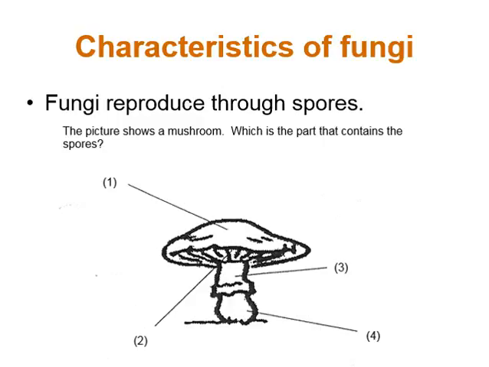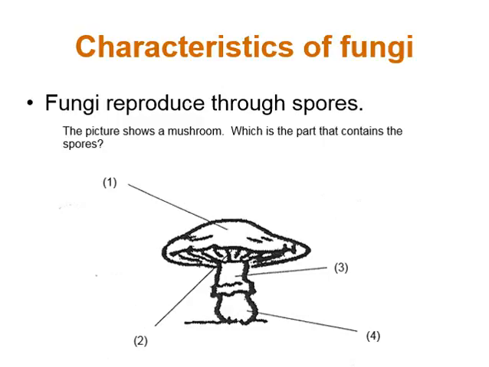Just note that fungi are not plants. They have to get their food elsewhere, from other living organisms. You remember that fungi also reproduce using spores. They don't lay eggs. They don't give birth to the young alive. Neither do they reproduce by seeds.